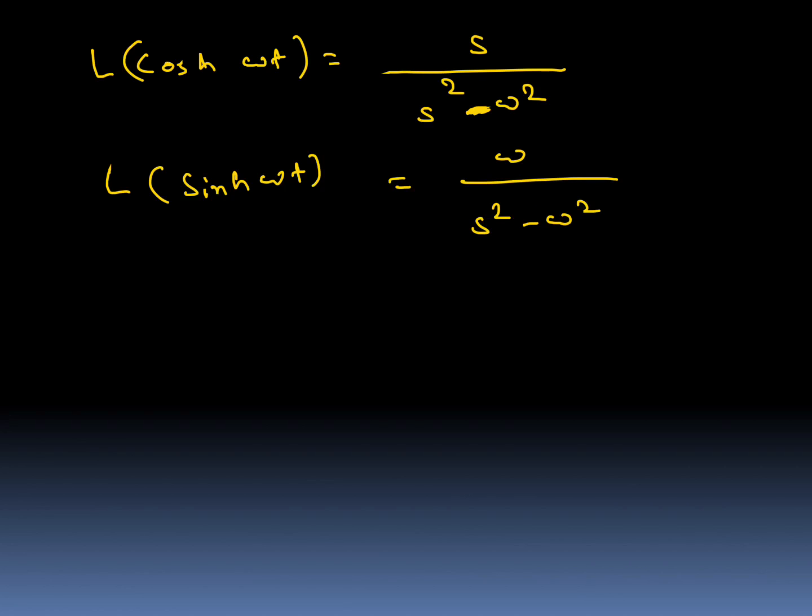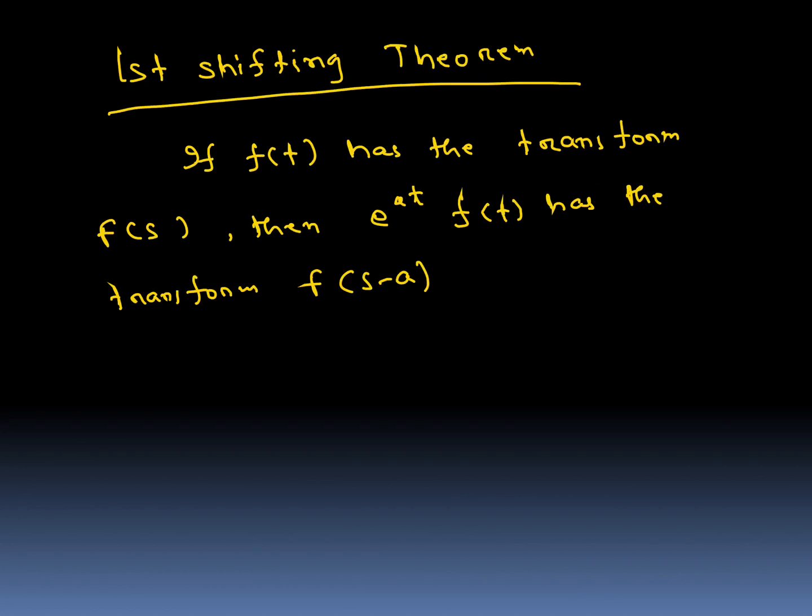Then the first shifting theorem: if f of t has the transform capital F of s, then e to the power at f of t has the transform F of s minus a. Like this, L of e to the power at f of t is F of s minus a.